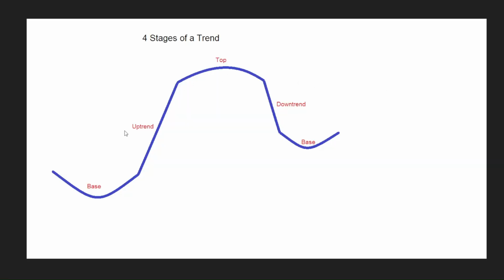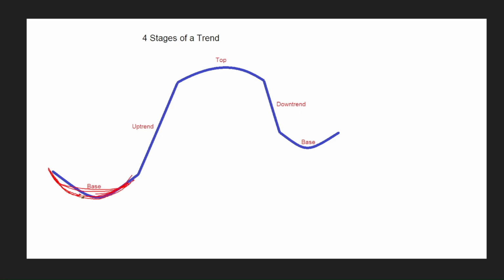So we want to start with the basics. And if you learn technical analysis from anybody, you should be learning this concept of these four stages. Okay. And so it's more of a universal truth. It's not something where one person uses this idea and someone else doesn't. I think if you're going to understand the basics, you first have to understand that a stock will go through a basing stage or an accumulation phase. Okay.